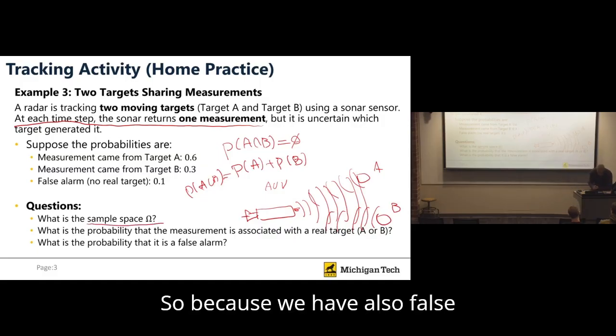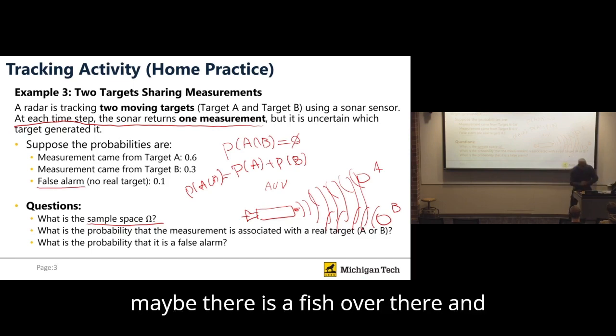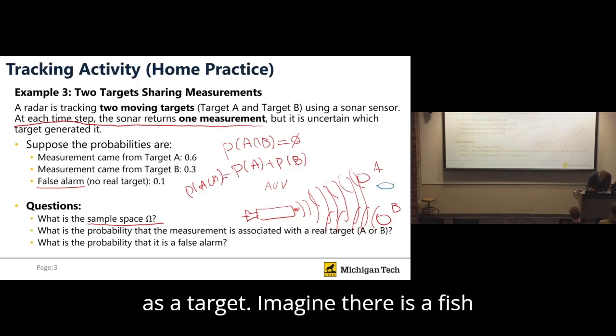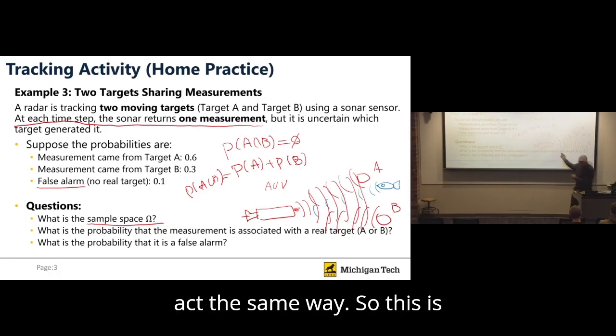Because we also have false alarms, sometimes maybe there is a fish over there, and this fish can be considered as a target. Imagine there is a fish here, and this also acts the same way. So this is a false alarm.